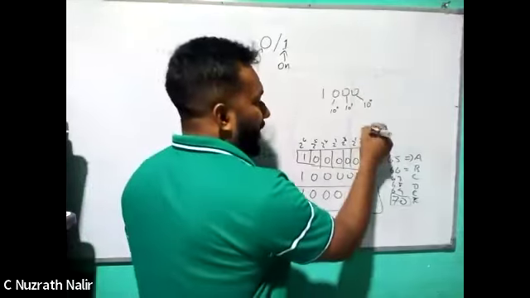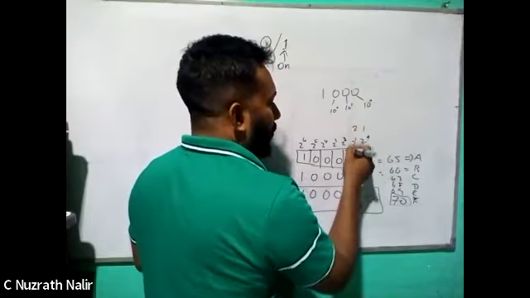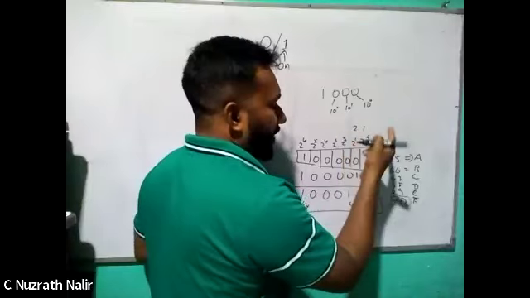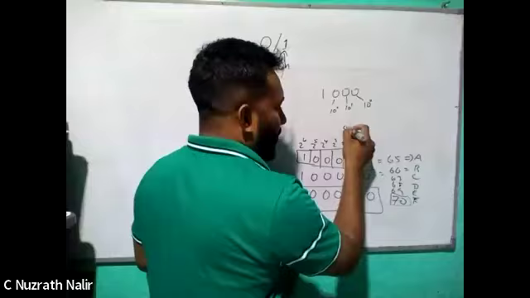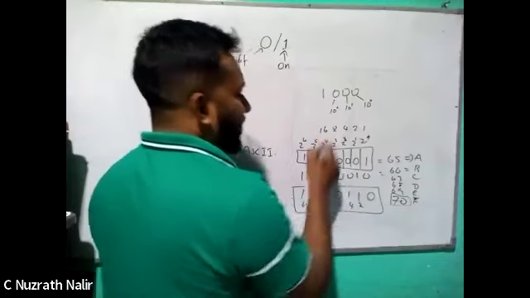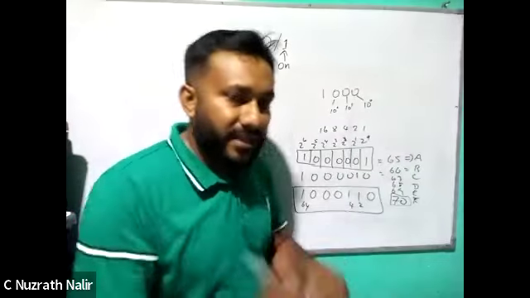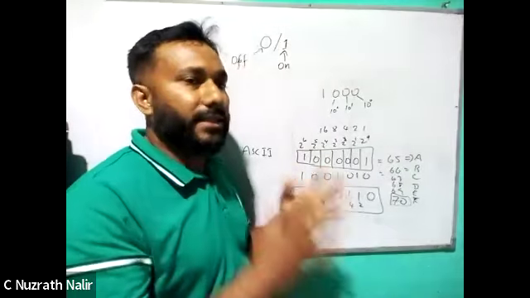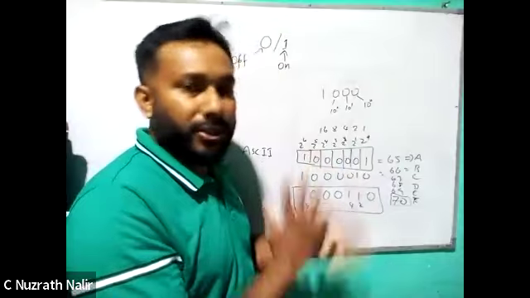As we already learned, 1 plus 1 is equal to 2. 2 plus 2 is equal to 4. 4 plus 4 is equal to 8. 8 plus 8 is equal to 16. Okay, so this is the value we already learned in binary to decimal, decimal to binary.